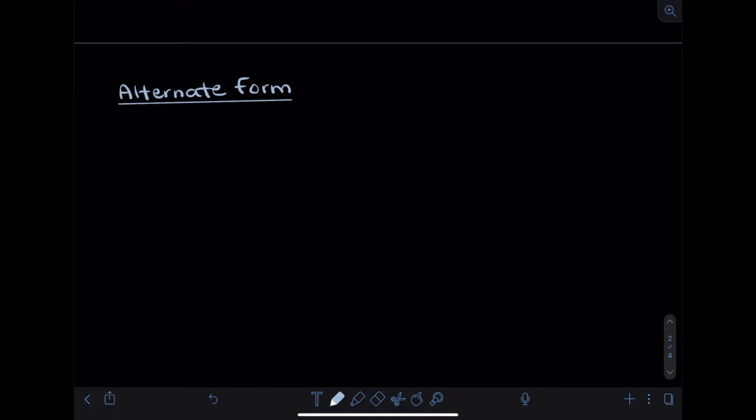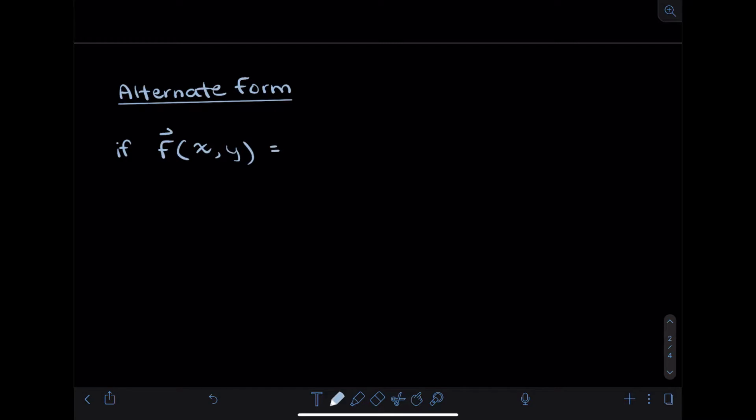So there's an alternate form. It's really the same thing, but it's a different way of thinking about it. So again, we're going to just take some arbitrary vector function of x and y.